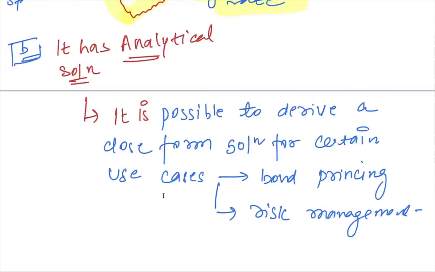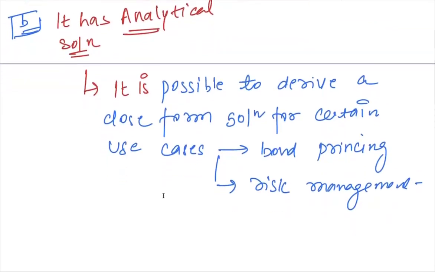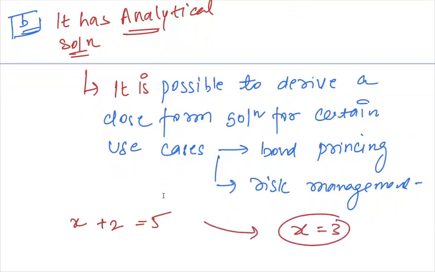A quick question is, what is a closed form solution? See, if I give you x plus 2 is equal to 5, right? So what will be the closed form solution? We can basically solve this equation.